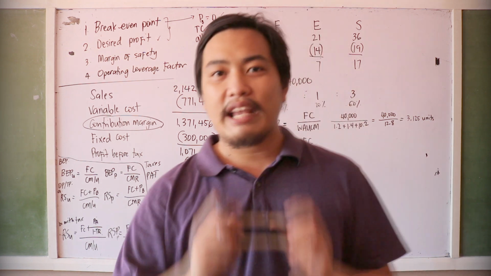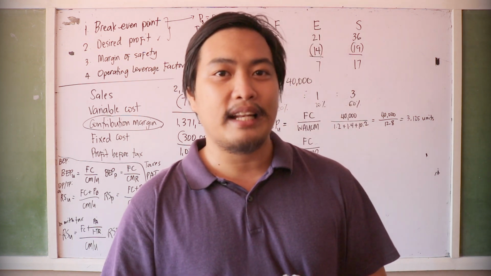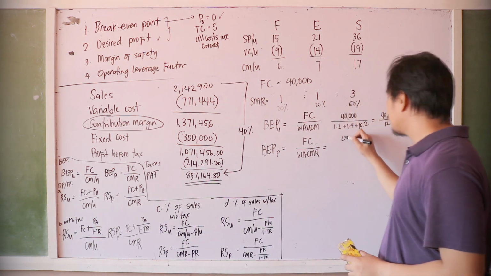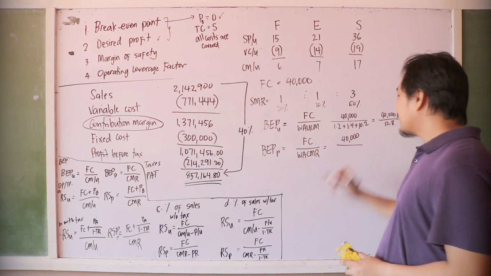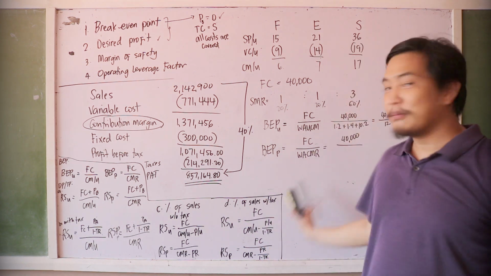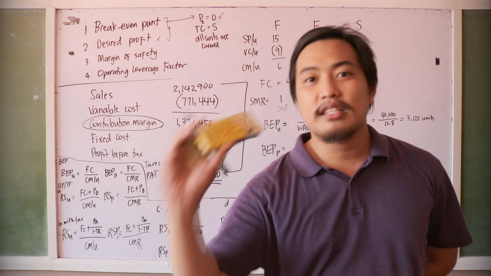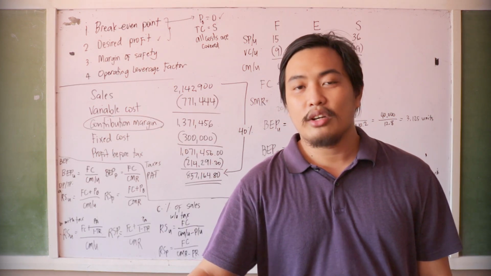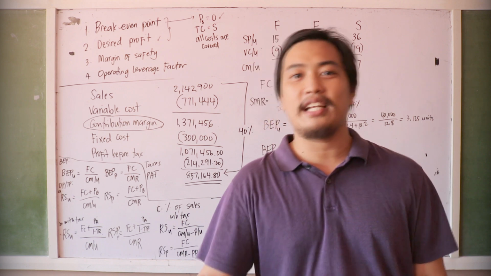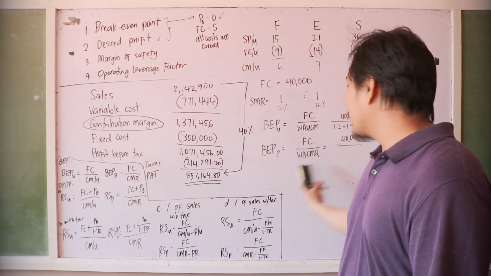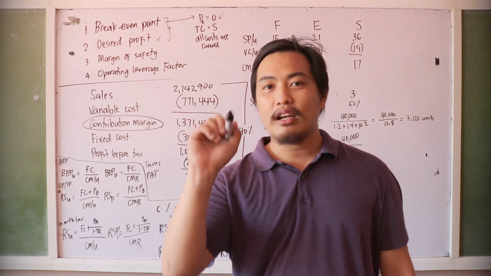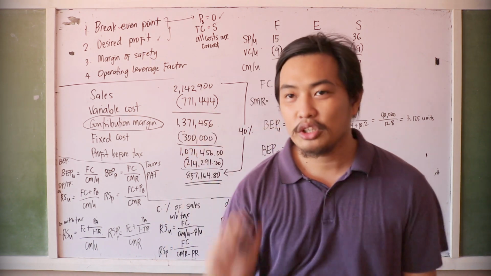Ano nga bang level of sales yung kailangan natin maabot to break even? So, fixed cost, 40,000. Weighted average contribution margin ratio. Diba ang contribution margin ratio natin is contribution margin over sales or contribution margin per unit all over selling price per unit. Dito naman, let's use the first formula na sinabi ko kanina, yung total contribution margin all over total sales.